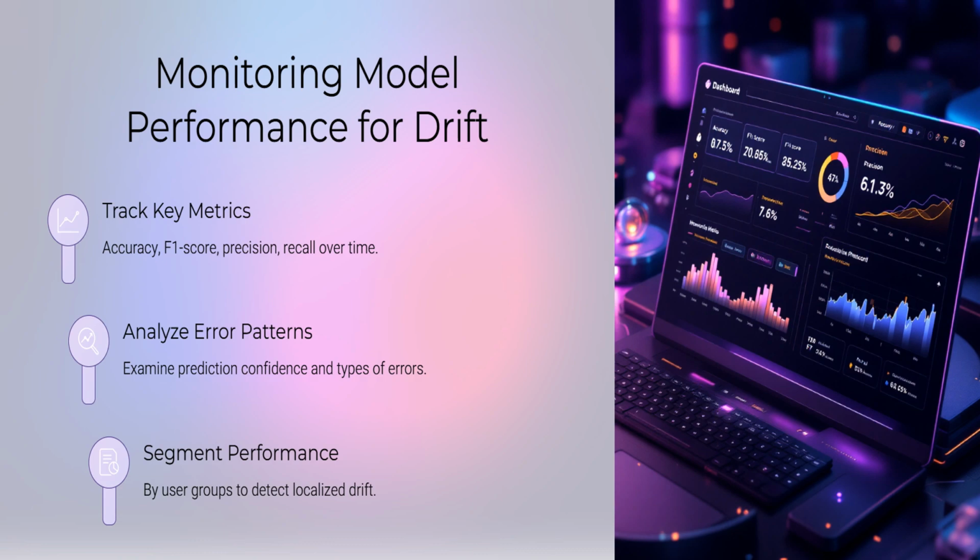Analyze error patterns: dig deeper into errors by examining prediction confidence scores and the specific types of mistakes being made. Segment performance: check for localized drift by analyzing performance across different user groups, regions, or segments, as drift may not affect all groups equally.